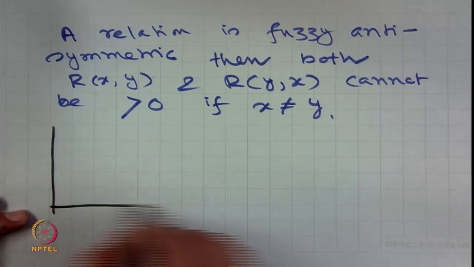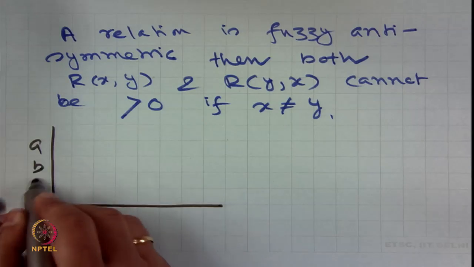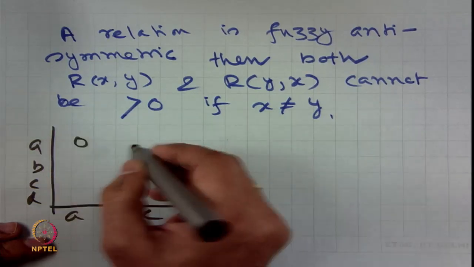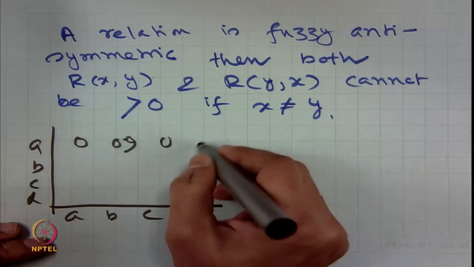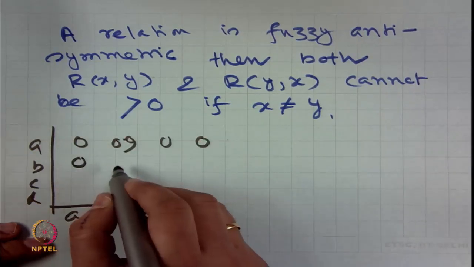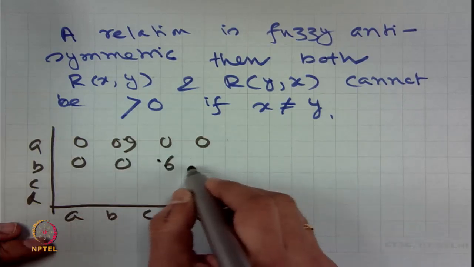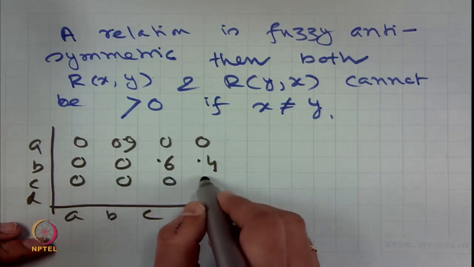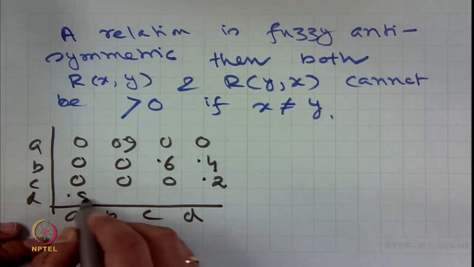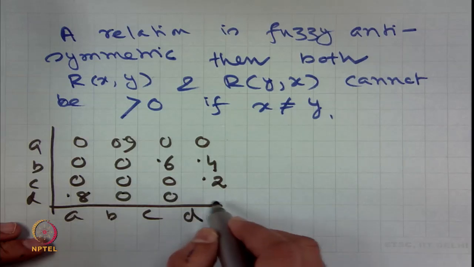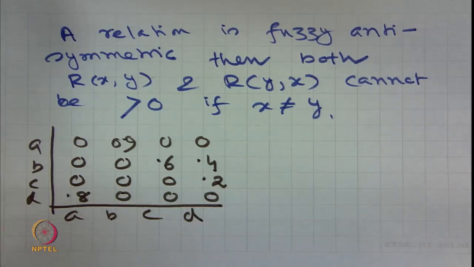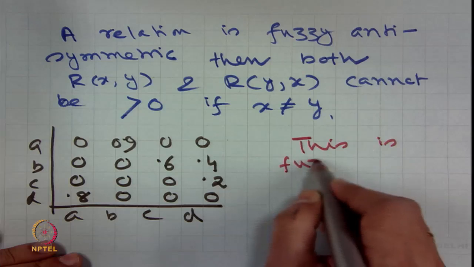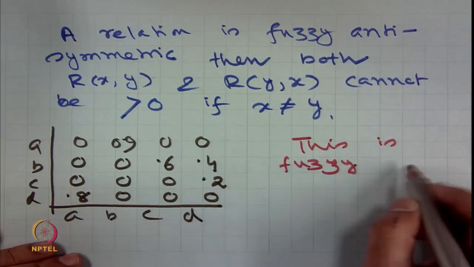Therefore, consider this matrix: 0, 0.9, 0, 0, 0, 0, 0.6, 0.4, 0, 0, 0, 0.2 and 0.8, 0, 0, 0. This is a fuzzy antisymmetric matrix.